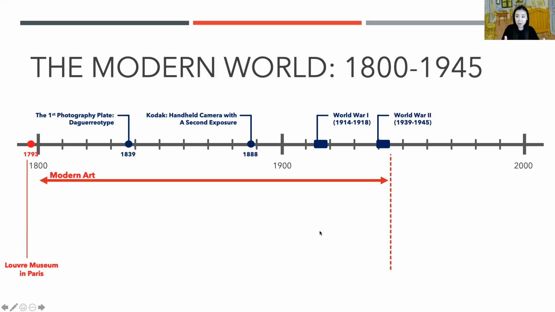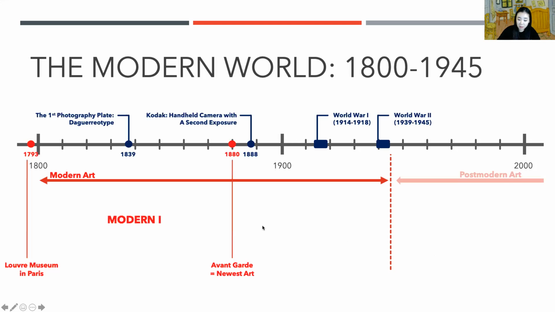That period is called modern art, and after World War II, we call it postmodern art. Modern art is divided in two by an art movement, the avant-garde: before avant-garde and after avant-garde.